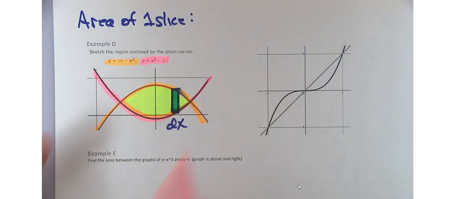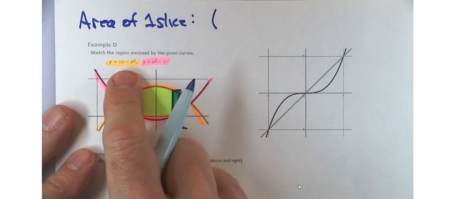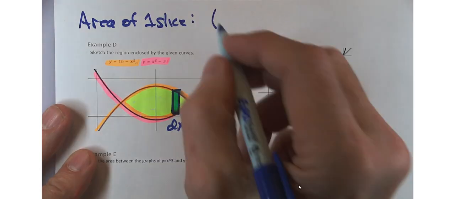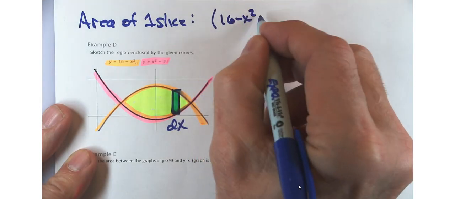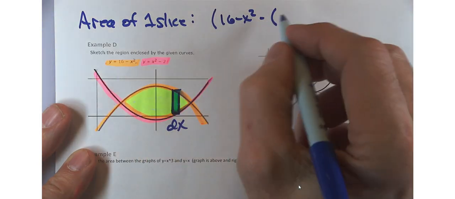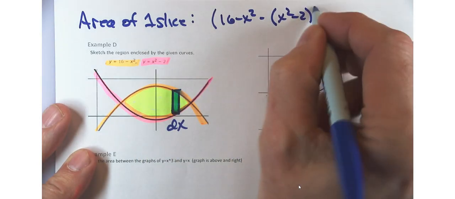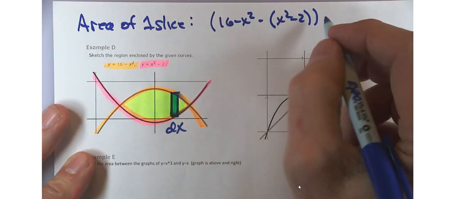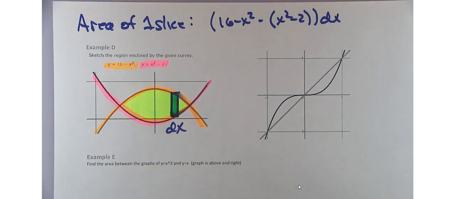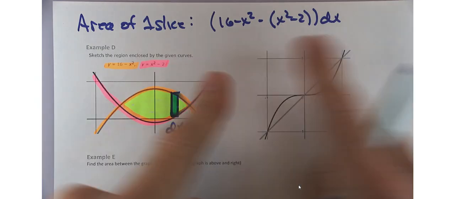So top minus bottom is going to look like this. It's going to be 16 minus x squared minus, in parentheses, x squared minus 2, times the thickness, times the width, dx. Now this should simplify, right?